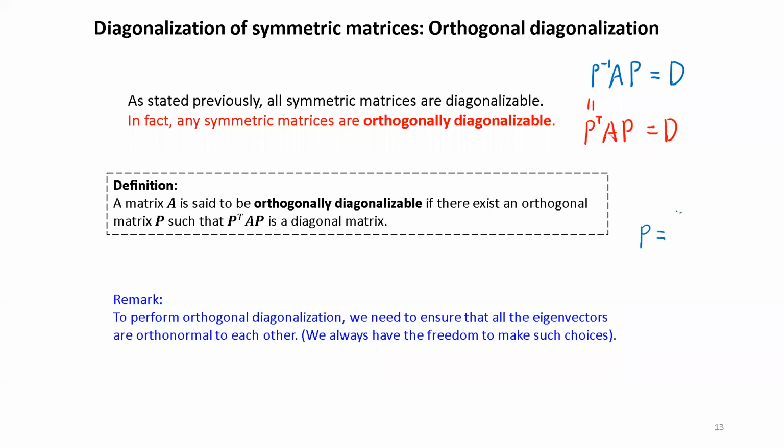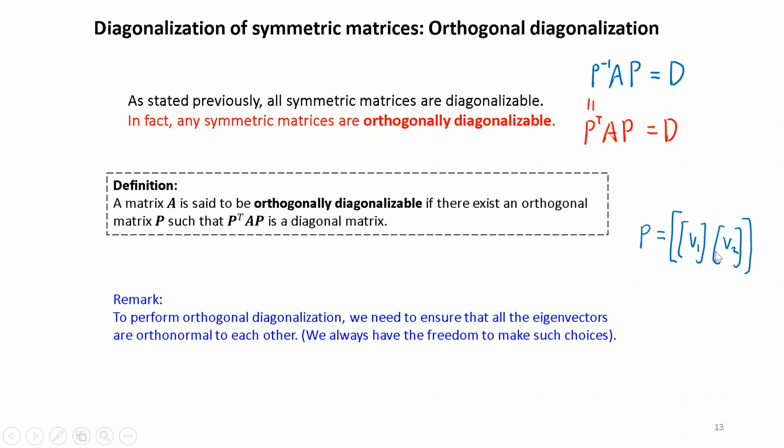For example, for a 2x2 matrix, if you find the two eigenvectors V1 and V2, then P is formed like this.